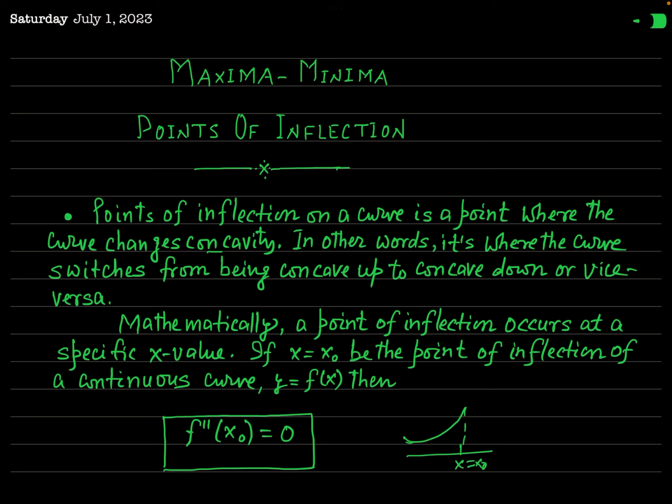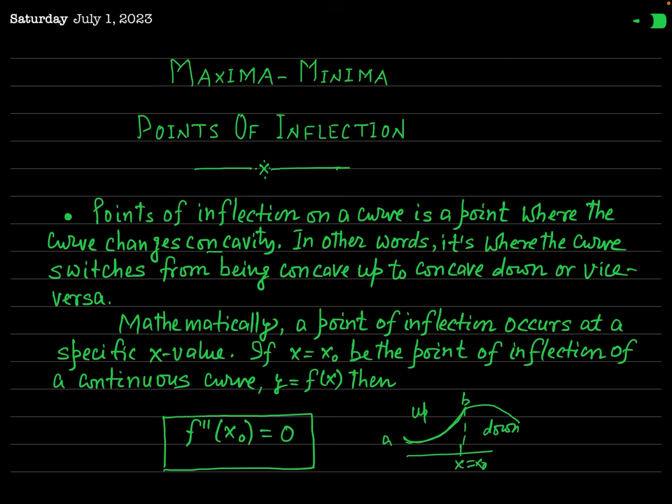This curve which I have shown in this figure, let us say this is AB, is concave up, and after this point x equal to x naught, if the shape of the curve is like this, concave down, then this point x equal to x naught will be called a point of inflection.